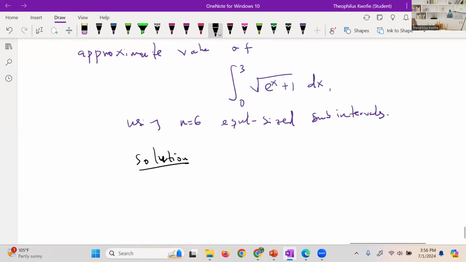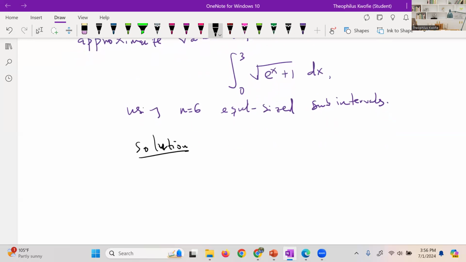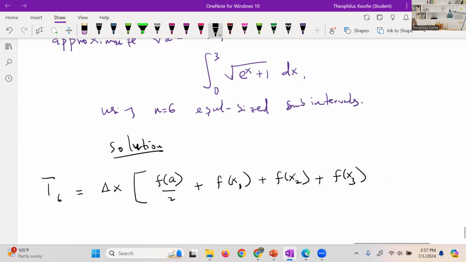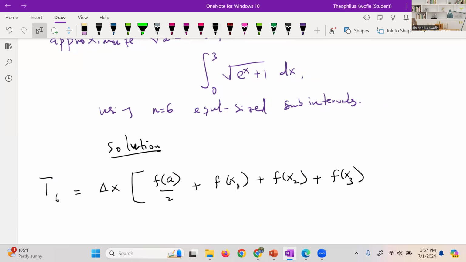Now, how do we use the trapezoidal rule? The first thing to do is write down our formula. Since n is 6, we are going to have T6 equal to delta 6 multiplying f evaluated at a divided by 2, plus f of x1, plus f of x2, f of x3, plus f of x4, 1, 2, 3, 4, 5.